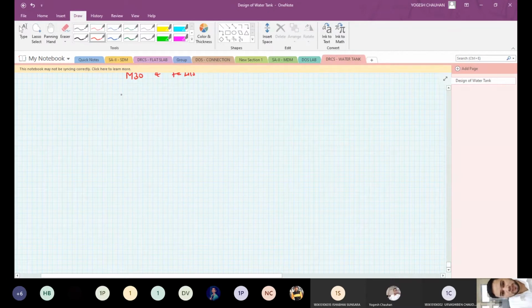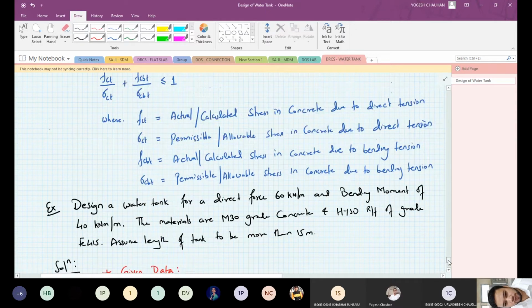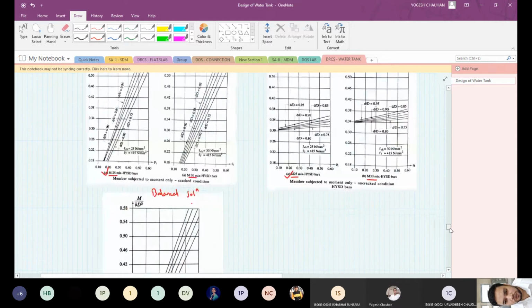To start with, we'll assume some d by D ratio. As a trial, try a d by D ratio of 0.8. For balance condition, with a d by D ratio of 0.8, if you remember the chart, we'll be using the chart for this, or you can use the table also.